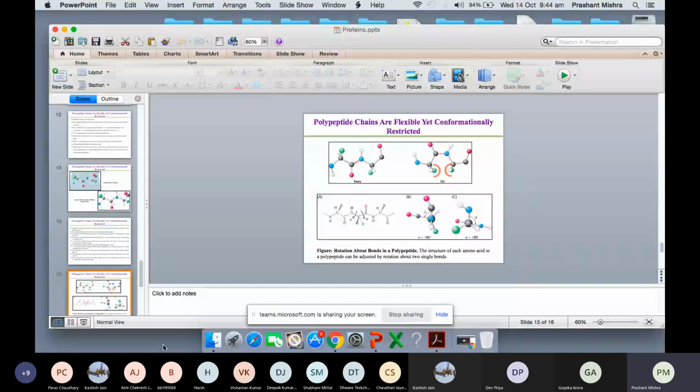Today you have learned about the formation of the peptide bond, how the protein sequence is written, what the primary structure of the protein is, and how this primary structure can fold and ultimately give rise to the secondary structure. We have not covered the secondary structure. In the next lecture, we will talk about the secondary and tertiary structure. But here you have learned why proteins form the secondary structure.